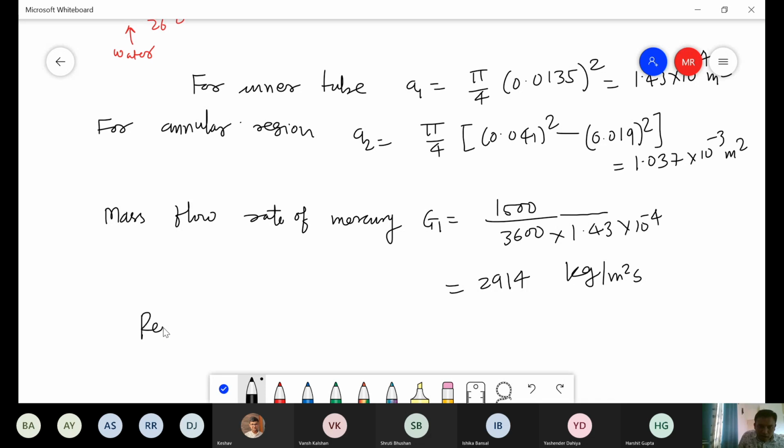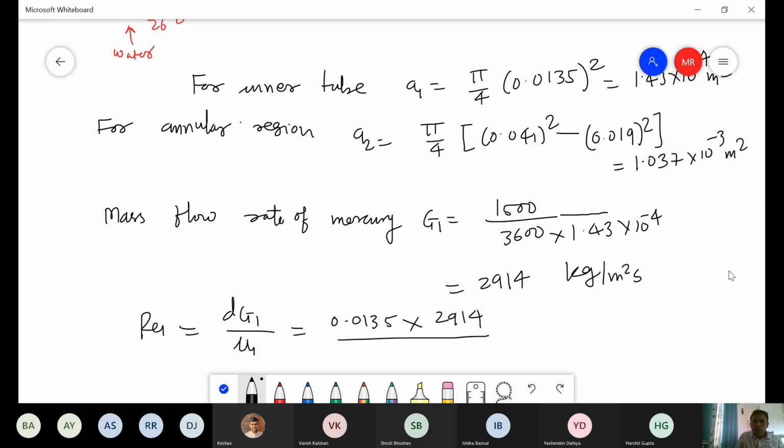So Reynolds number Re1, the Reynolds number for the first case, will be given as d g1 divided by mu1. So that becomes d, we already know, 0.0135 into g, we have already calculated, 2914, divided by mu, which is given in the problem, isn't it?